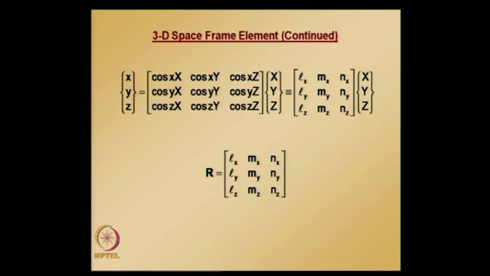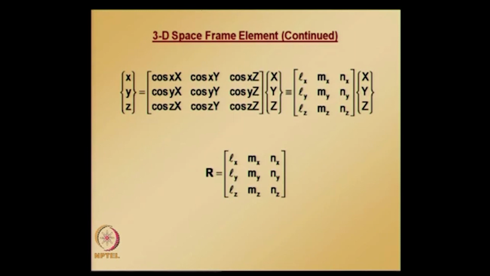We will look in detail at these 2 methods to calculate all the components of the rotation matrix, that is Ly, My, Ny, Lz, Mz, Nz, in addition to Lx, Mx, Nx. So now let us look at each of these methods for calculating the direction cosines.